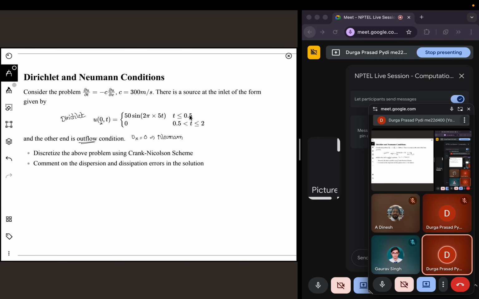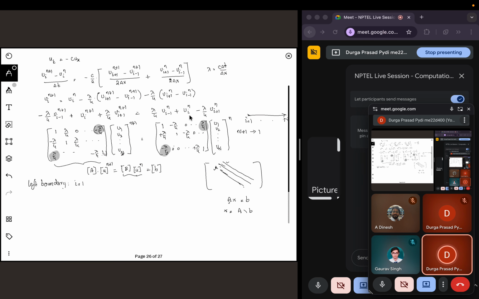How does this get translated into the matrix form? In my matrix, the interior points remain the same. Now at the left boundary, I have a fixed value. So what happens to this? For a Dirichlet condition, we are actually specifying the value of u or c, whatever we are trying to solve for.